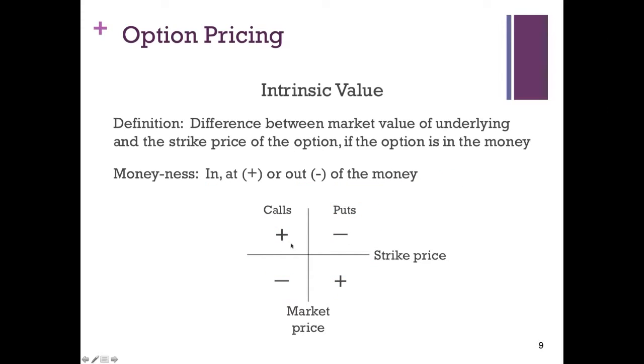So the way you use the diagram is, again, recognize if it's in the money, you'd exercise it rather than let it expire. If it's out of the money, you'd rather let the option expire than exercise it. So let me show how to use the diagram, and while doing that, give you the definitions of in or out of the money.